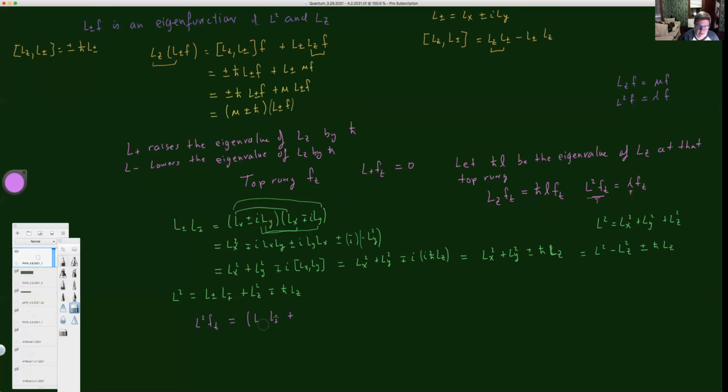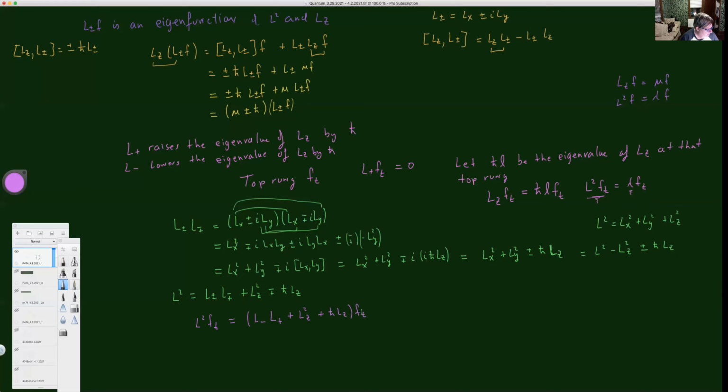I want the one that'll make it so that when I act on f_t, I'll get 0. That'll get rid of this term for me. So I want the bottom sign: L minus L plus, and then plus Lz squared, and then taking the bottom sign, plus h bar Lz acting on our f_t.